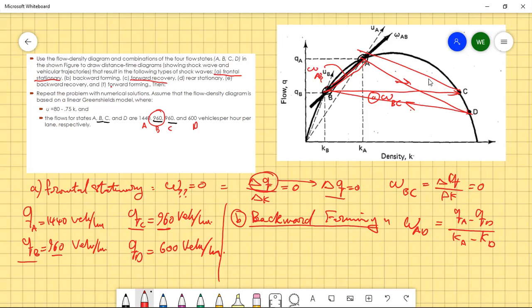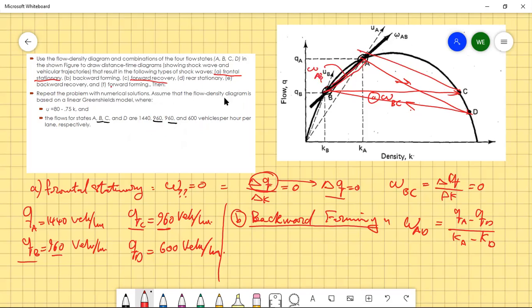Now we want to have a look at it from here. Let's repeat the problem with numerical solutions.